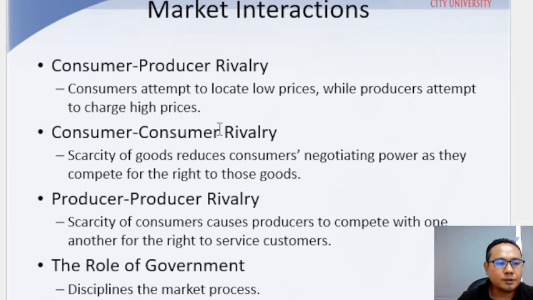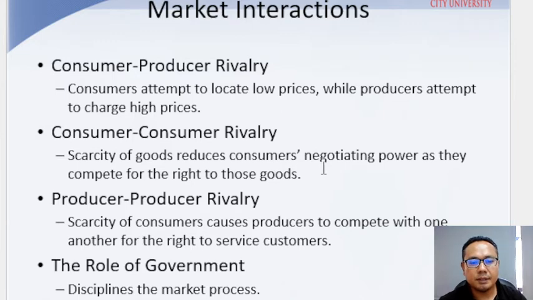For producers, they are looking for the best profit and tend to charge the highest price. And then consumer rivalry, because of scarcity of goods, reduces consumer negotiating power as they compete for the right to those goods.